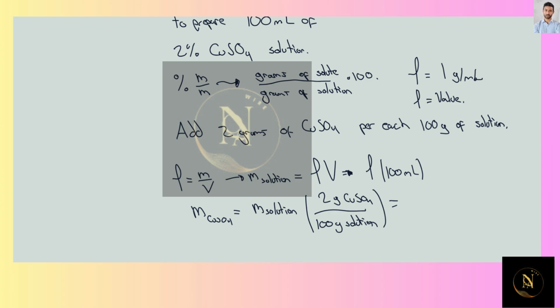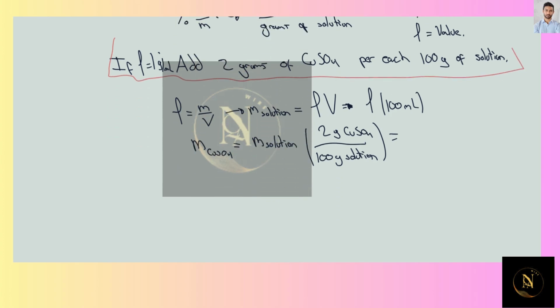Let me add again over here the clarification that if the density given to you is equal to 1 gram per milliliter, then this would be the way to do the calculation. And over here, the result would give you the mass required of copper sulfate.